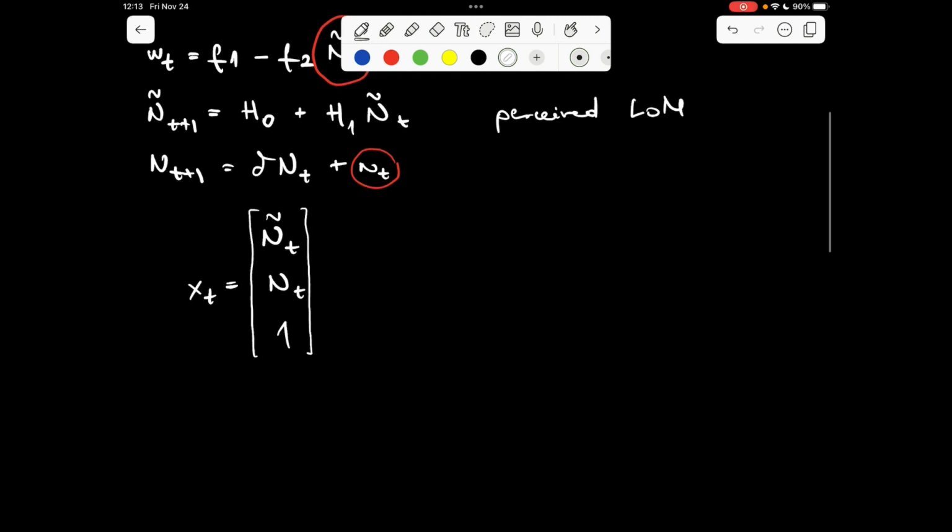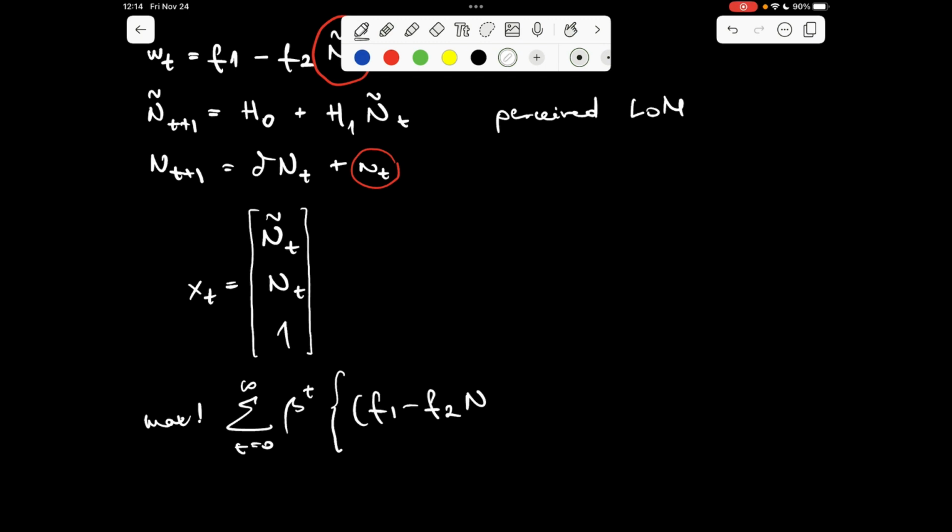So on this basis, we can rewrite the household's problem just to be more specific. This is the same problem, but we will use the demand function. So you can realize that this is wage in period t, governed by this exogenous law of motion.